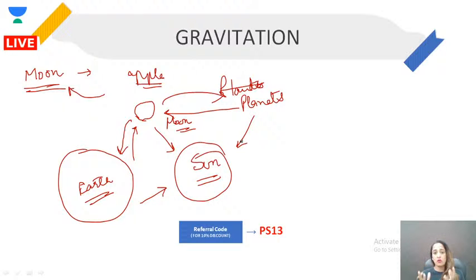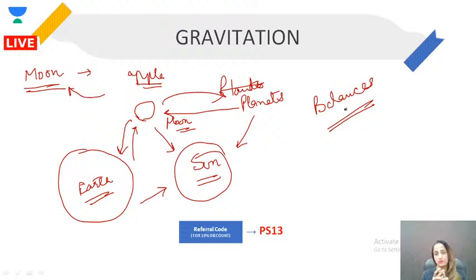So all in all, what do we have to understand here? Everything is attracting everything else towards itself. Let's say you are sitting in a room, you are attracting all those chairs and tables and fan and AC and TV and bed, everything towards yourself. And all these things in the room are also attracting everything else towards themselves. So it kind of balances out.